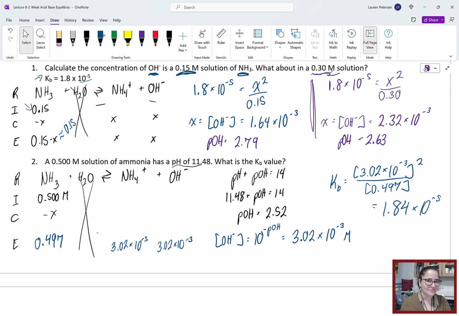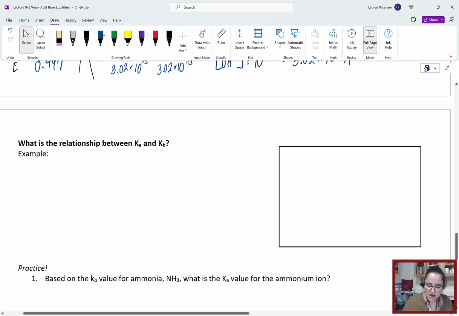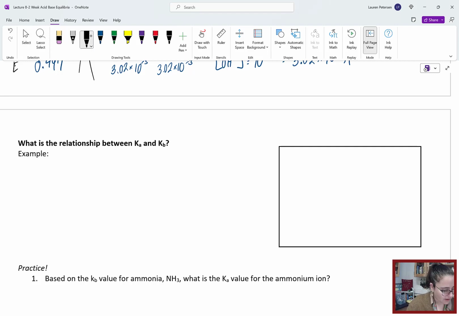Okay, cool. We looked at the Ka and Kb values for ammonia and ammonium. I want to look a little bit deeper at those. So we have the Kb expression that we were just looking at for ammonia, which is NH3.